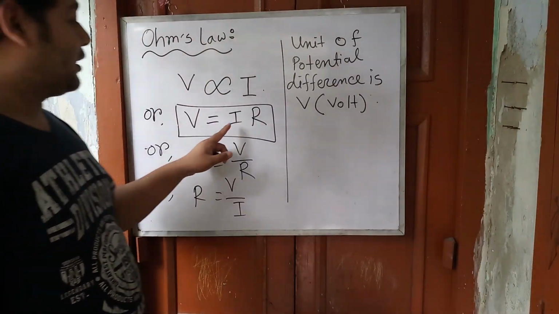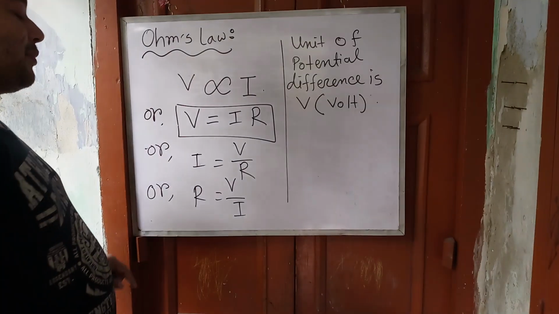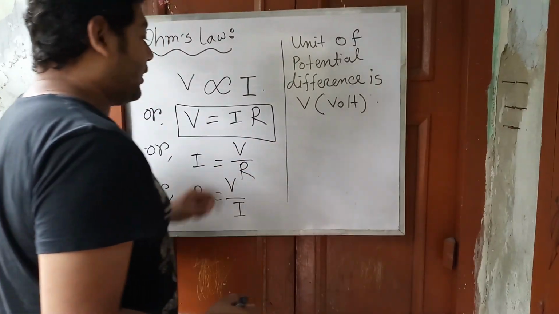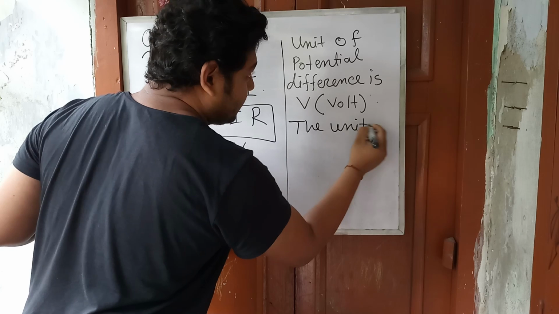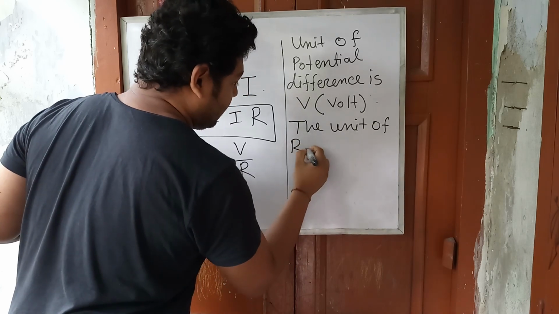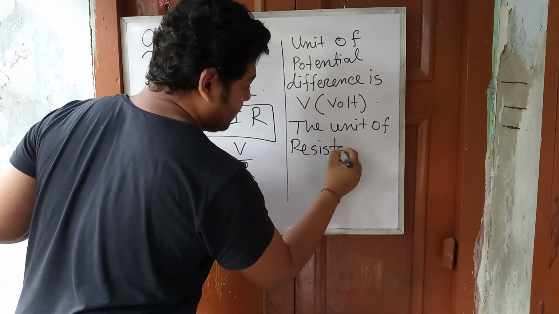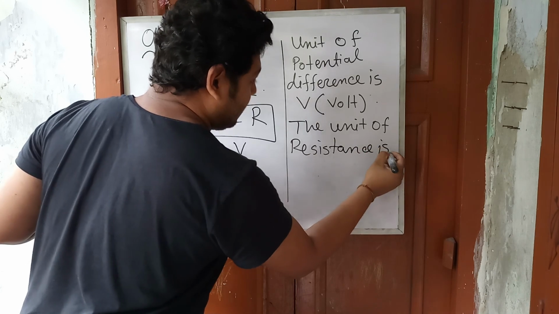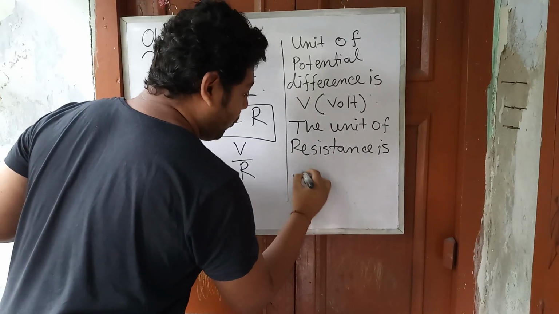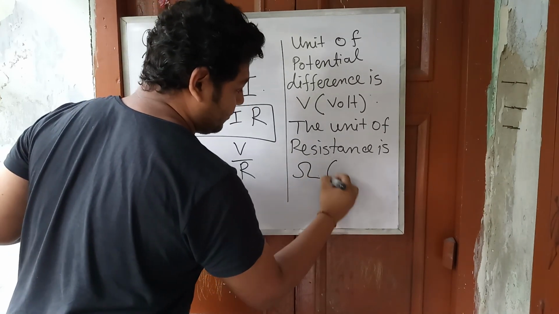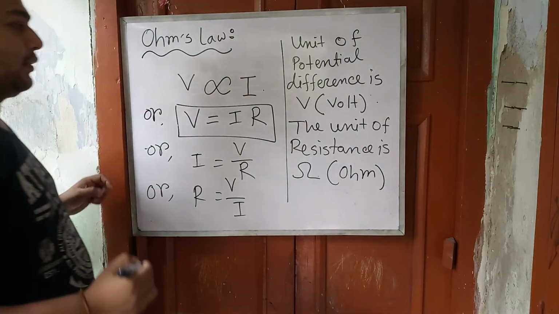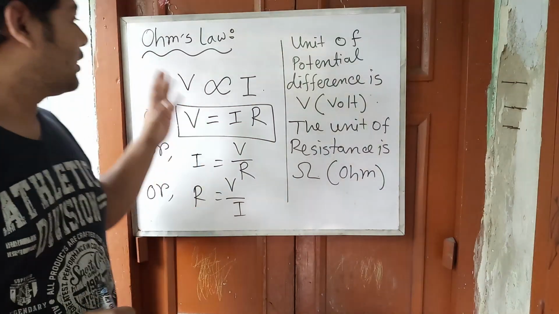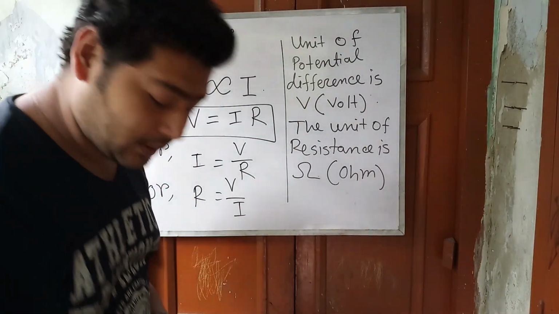The unit of current is ampere, as mentioned before, and the unit of resistance is ohm. This is Ohm's law.